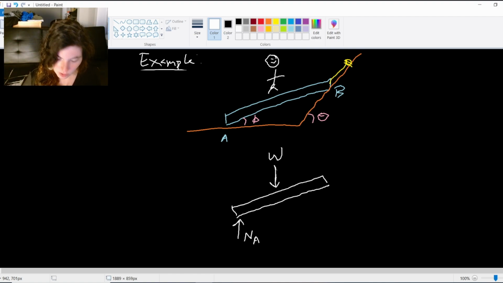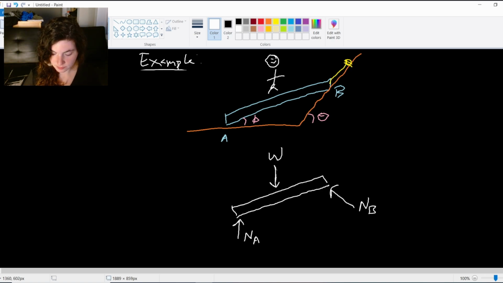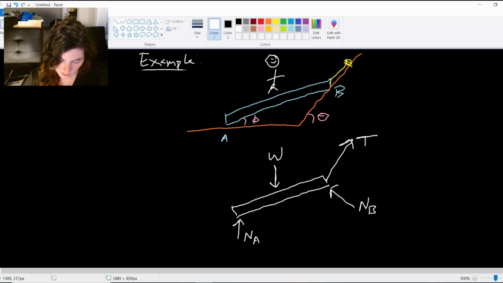And then at B, we also have a normal force, but notice that the wall is slanted. So the way that it's interacting is actually at a slant, the normal force of B, right? Slanted by these angles. I have my normal force at A, my normal force at B, and then the only other thing causing a force on the board here is this yellow tether, which is causing a tension force up the wall.